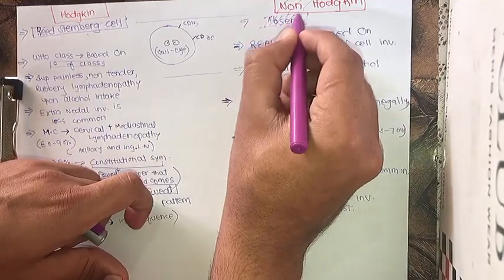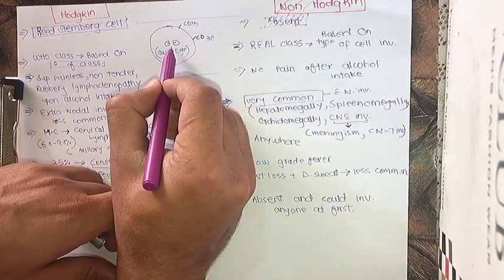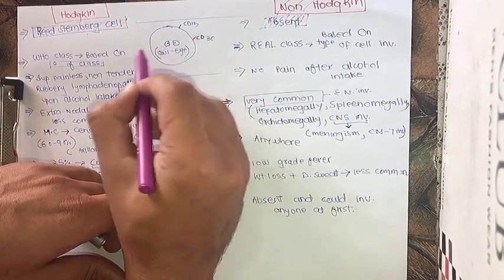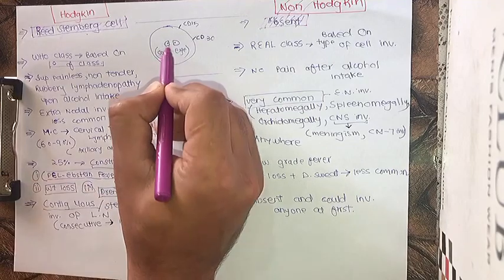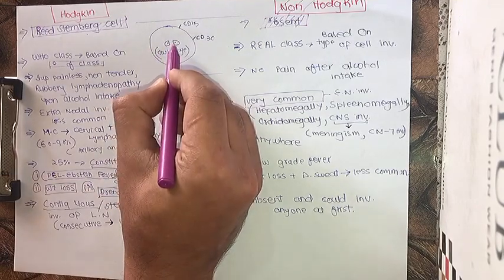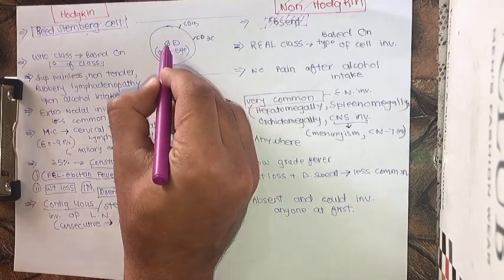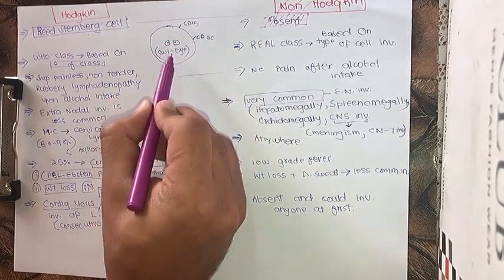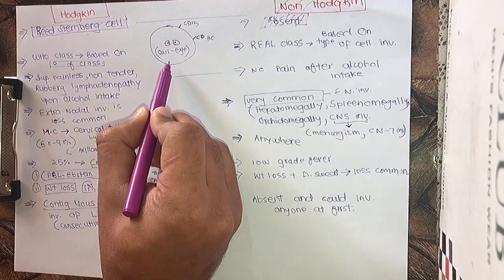And what is a Reed-Sternberg cell? It is binucleated, having two nuclei which are mirror images of each other, centrally placed, giving an owl eye appearance.